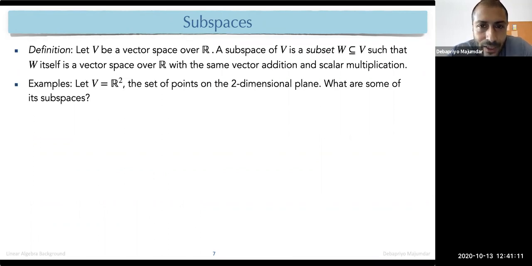What does it mean? It means you cannot just take any subset of vectors from the vector space. They have to satisfy those properties: closed under addition, the zero vector has to be there, and if you multiply it with any scalar, that vector also has to be within the set, right?